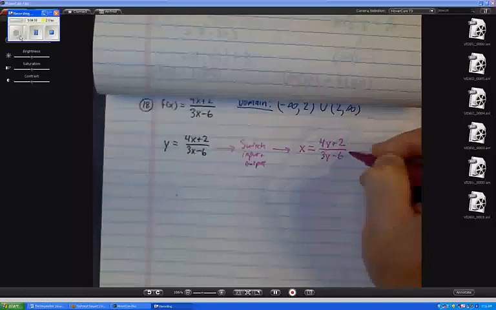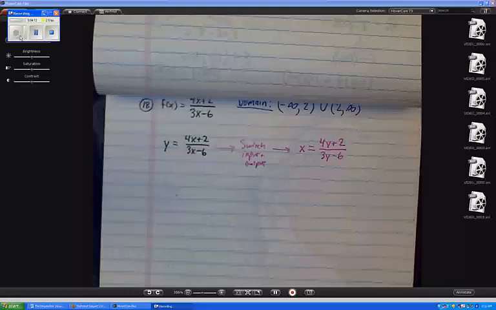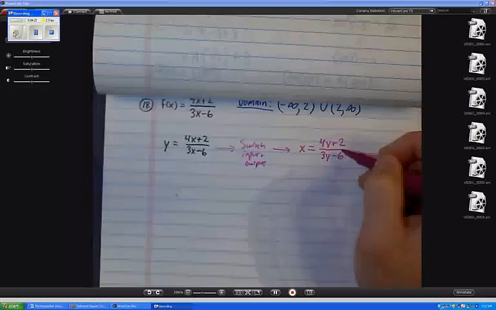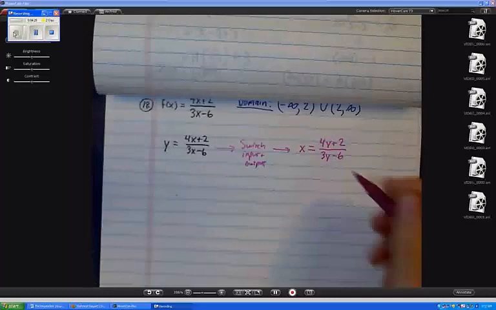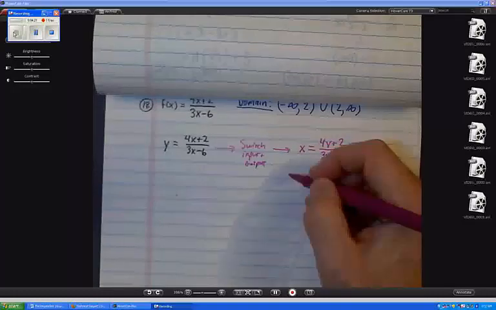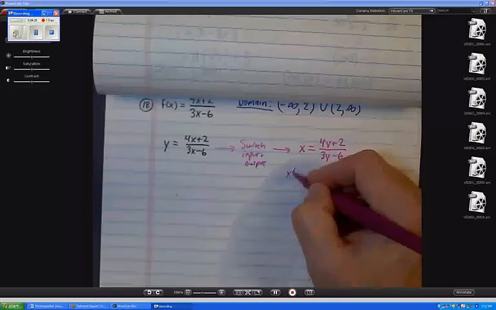And now what I really want to do is I want to solve for y. Barb says, let's multiply both sides, okay, by 3y minus 6. So I have x times (3y minus 6) would equal 4y plus 2. I just cleared out the denominators.